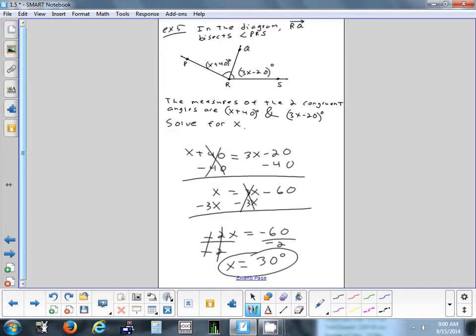But how would I get the measure of the angle on the left? What would I do with x? You would add it to 40. So if I wanted it, I'd plug it in, and I'd get 30 plus 40, or 70. So if the angle on the left is 70, how about Dakota, what does that mean about the angle on the right?